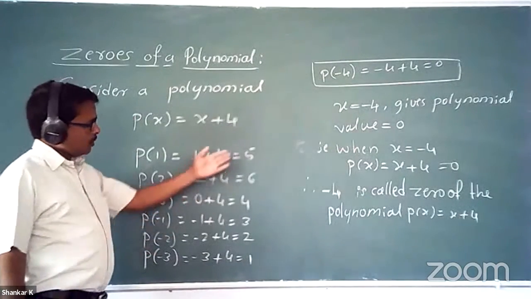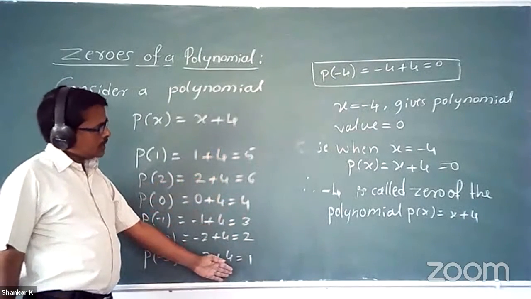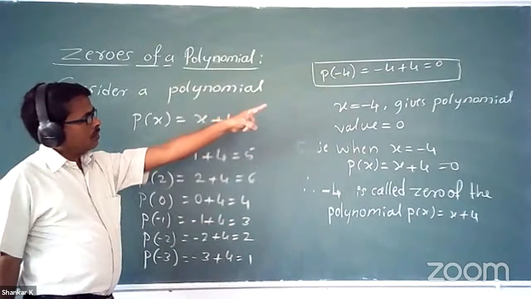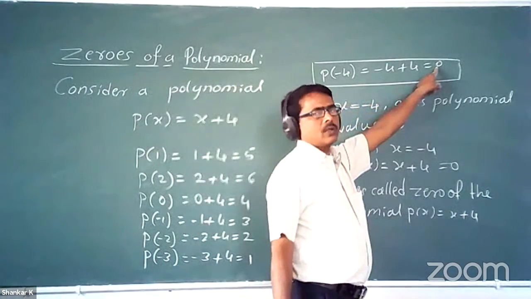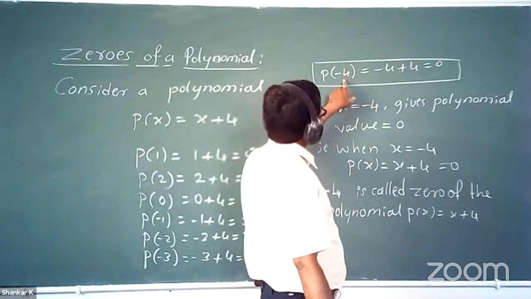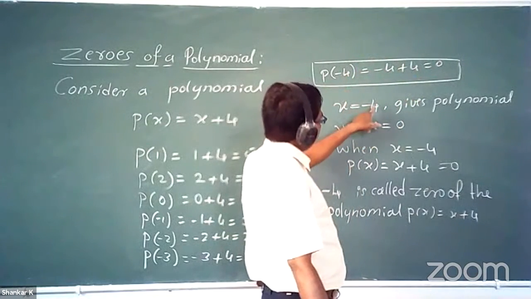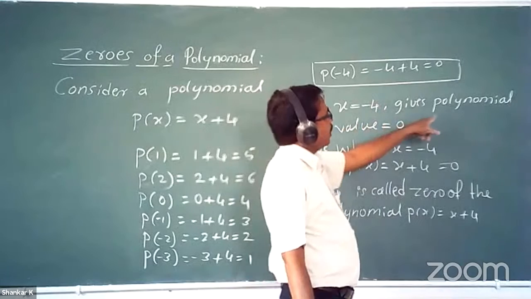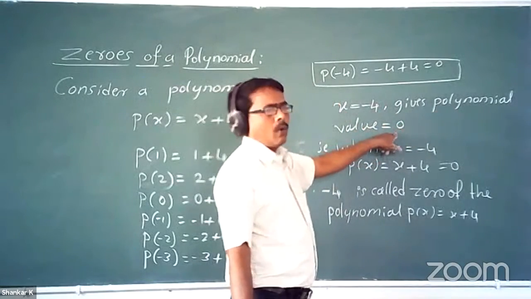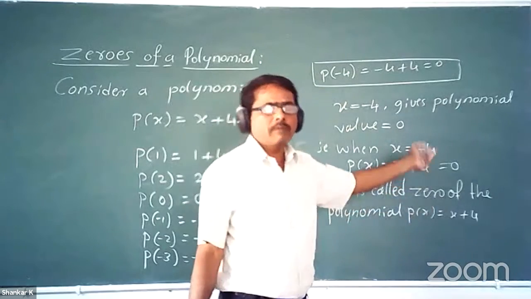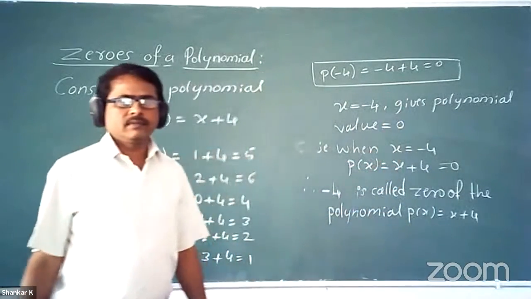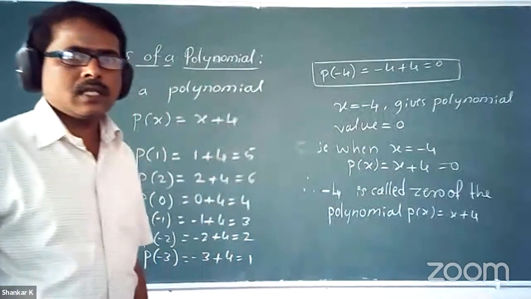Here we got 5, 6, 4 like this. We got 0. For which value of x you have got polynomial value 0? For x equal to -4, you have got polynomial value 0. Then this -4 is called zero of this polynomial. Understanding or not?